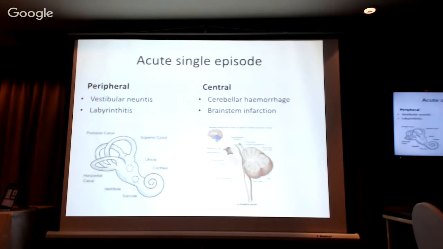I hope you know the difference between vestibular neuritis and labyrinthitis. Sometimes getting confused. Any idea? Difference? Lakshan has explained to you about the anatomy. Vestibular neuritis is only in the vestibular nerve. It's a neuritis or neuronitis.